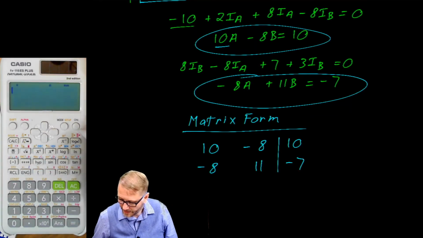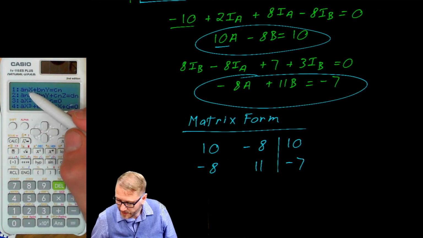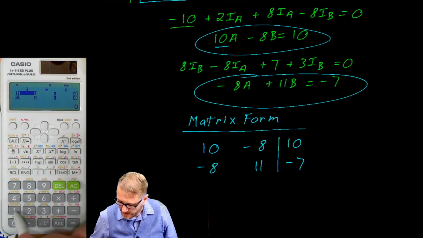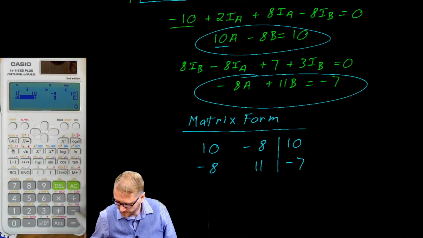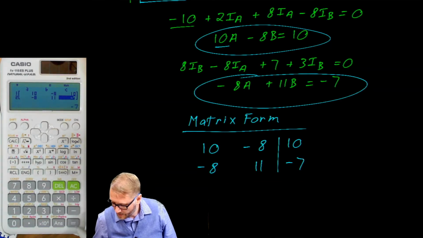We turn on the calculator, go to Mode, Equation. And we want this first one. So we have A and B as unknowns. We go 1. Now here is the matrix, and we need to enter that. So 10 equals negative 8 equals 10 equals negative 8, 11, negative 7. And then you hit equals.